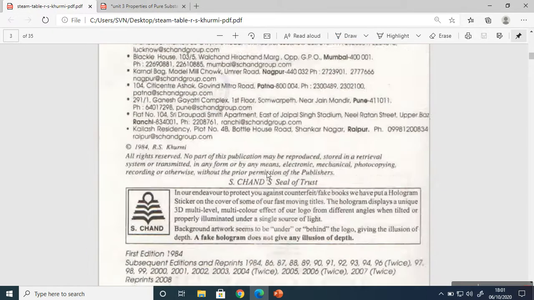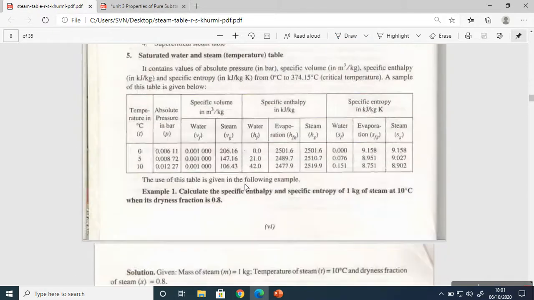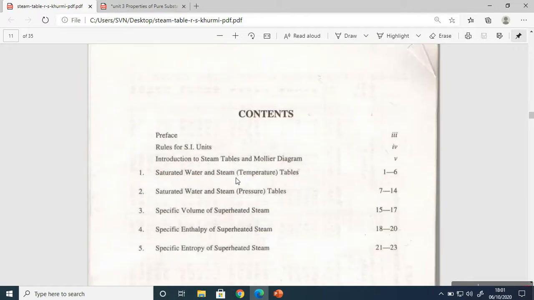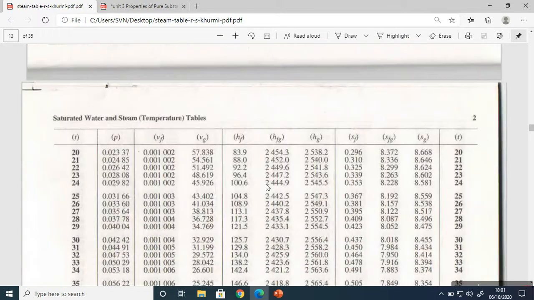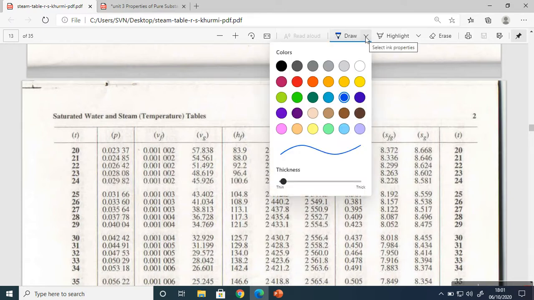Initially we calculate from the temperature basis table. I already discussed in previous videos how to use this chart. The first one is the temperature basis table. In the temperature basis table the water is at 25 degrees Celsius. I take a pen here so you can find the values easily.